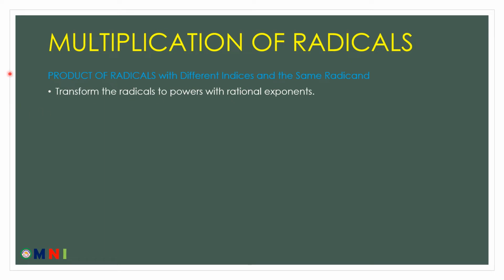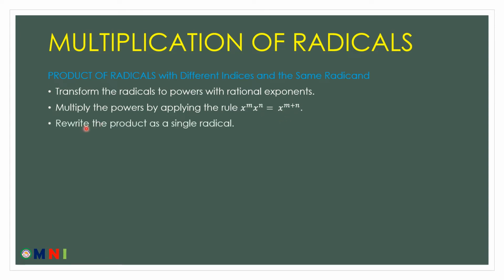Transform the radicals to powers with rational exponents. Next, multiply the powers by applying the rule of x to the power of m times x to the power of n, which equals x raised to the power of m plus n. Then we write the product as a single radical.